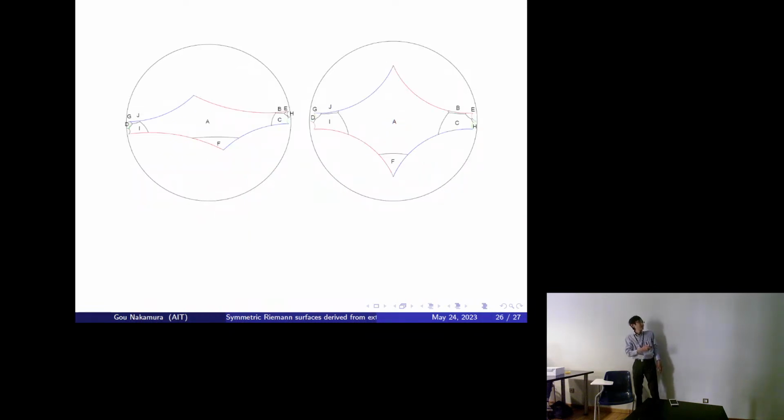It is easy to see that the opposite sides are the same length. These are canonical polygons.